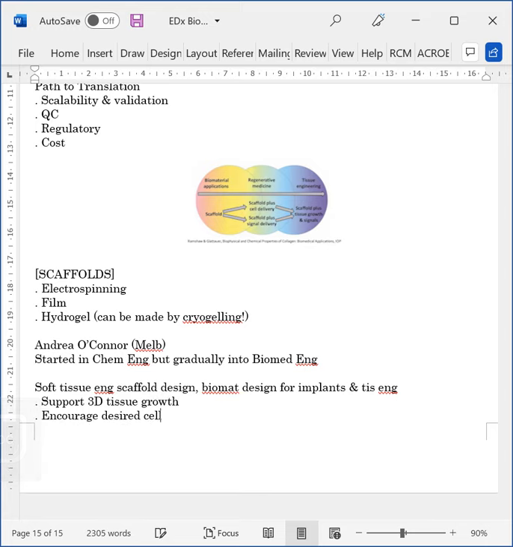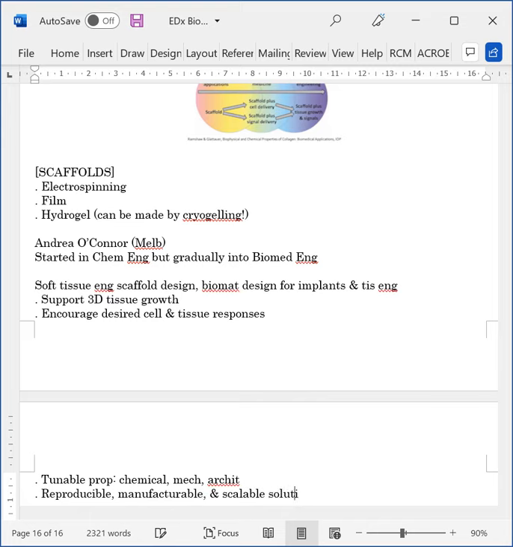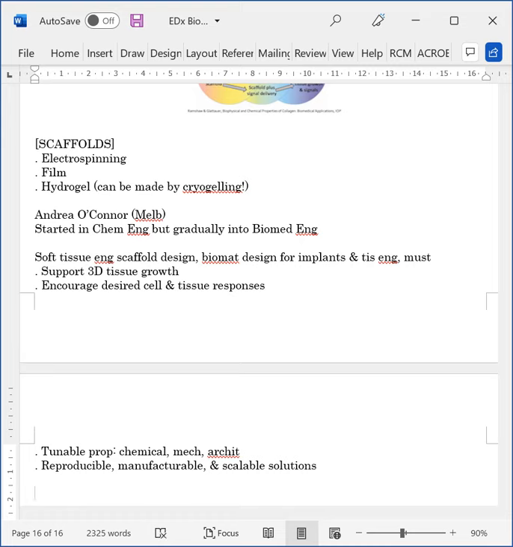We want to encourage the cell and tissue responses that we need for those tissues, and so we need tunable properties, chemical, mechanical and architectural properties that will suit the tissue that we're trying to grow. And these materials should be reproducibly manufacturable and made in scalable ways so they can be practically translated into applications.